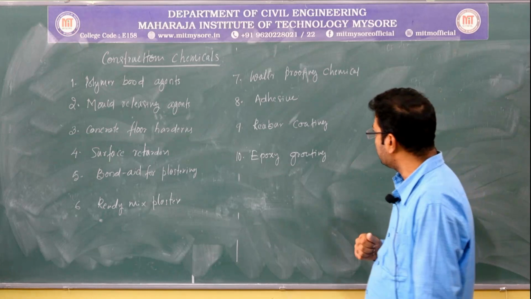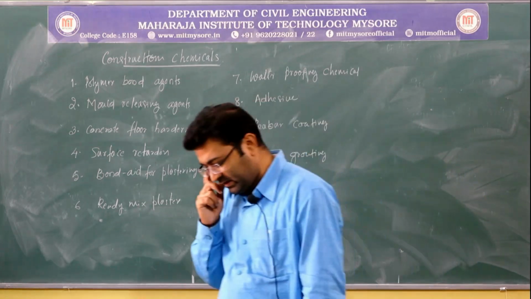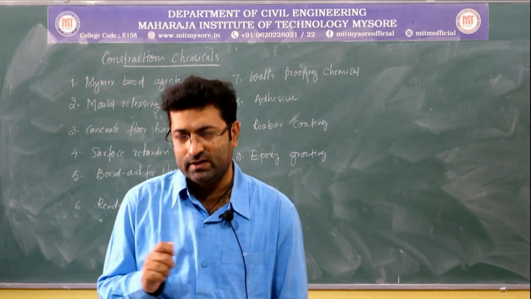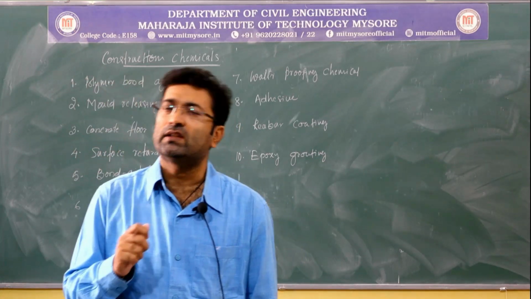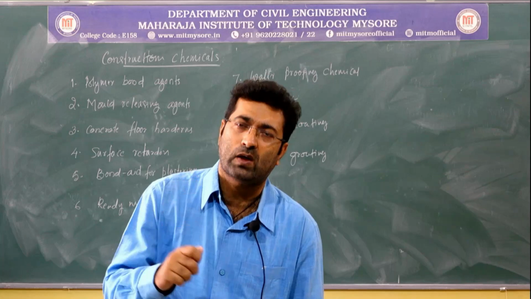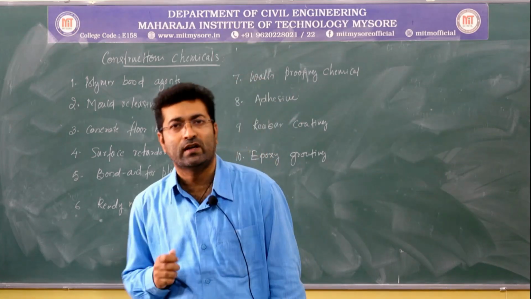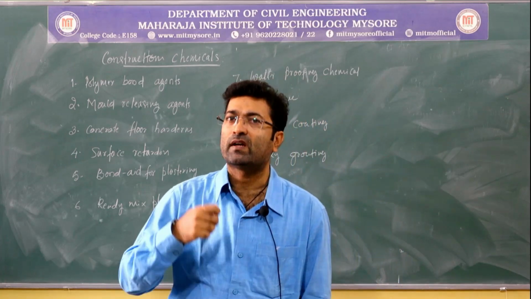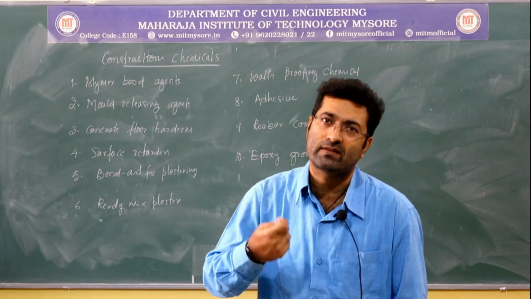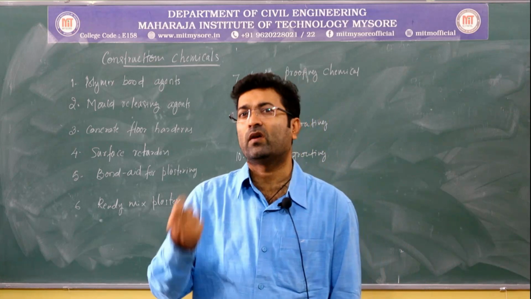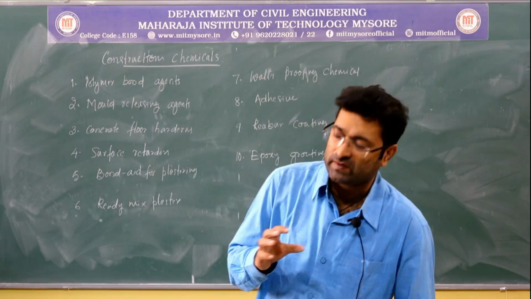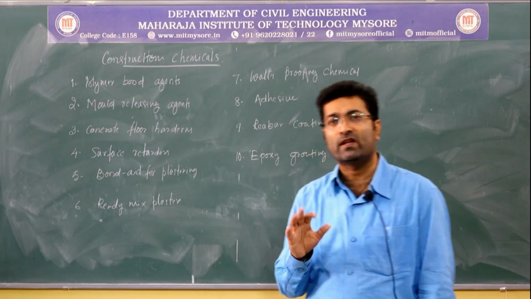Then the next one is the rebar coating. Rebar is a steel material, an iron material. The chances of corrosion of the rebar are very common in RCC, because we are reinforcing these steel bars into the concrete. Concrete has water, so corrosion of these steel bars is very common in RCC.